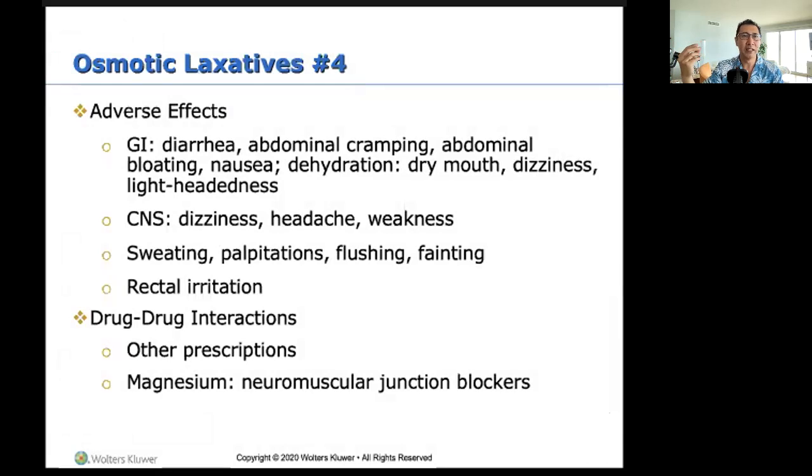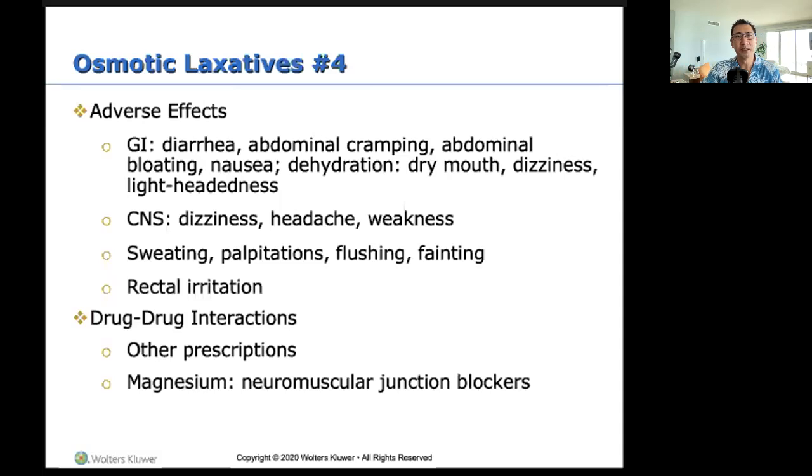It's kind of like a Foley catheter, but it's big. It goes up their anus, we inflate the balloon, and their liquid poop goes down into the collection bag. It's like a Foley for the poop.